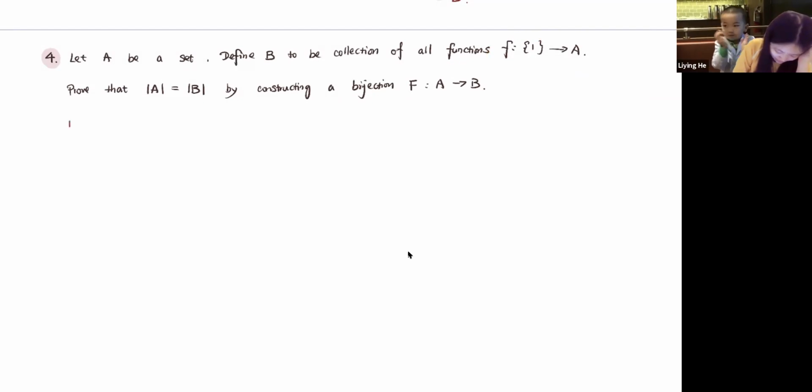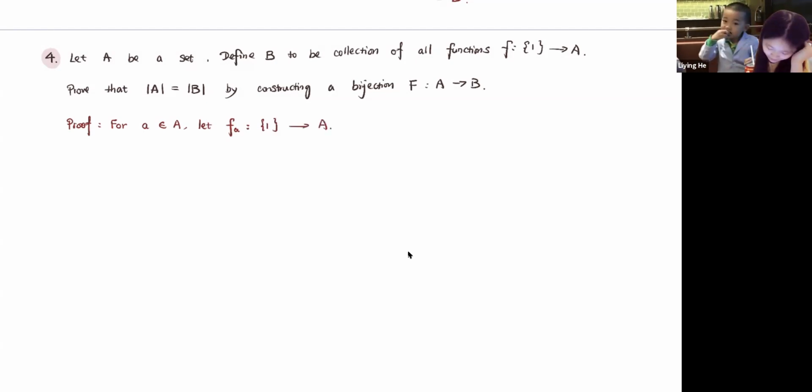So proof. For an element a in X, I'm gonna let f_a be 1 map to a. This is what we need to do.